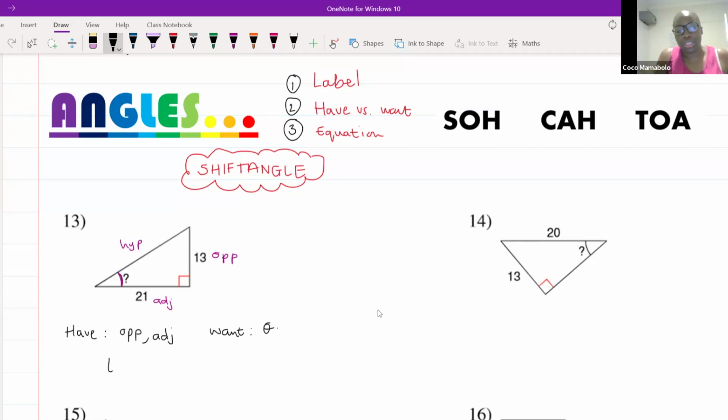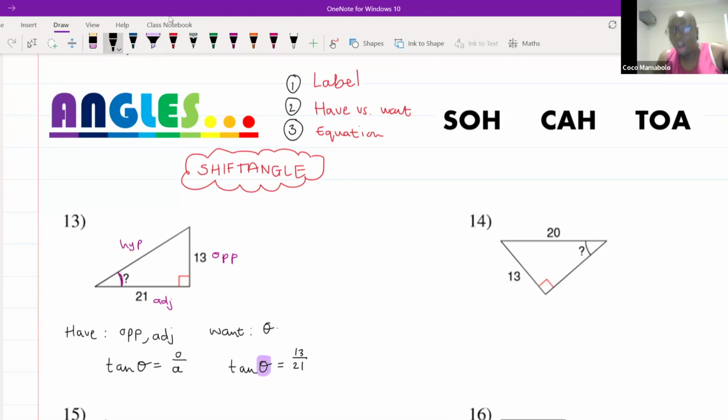So I'm going to go tan of theta is equal to opposite over adjacent. Now we have to substitute, but we don't have our angle, so we're going to leave the angle part out. So tan of theta is equal to the opposite, which is 13, over adjacent, which is 21. But because I want the angle, I know that I need to take it an extra step further.